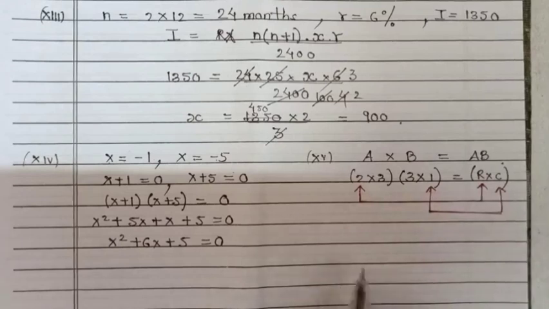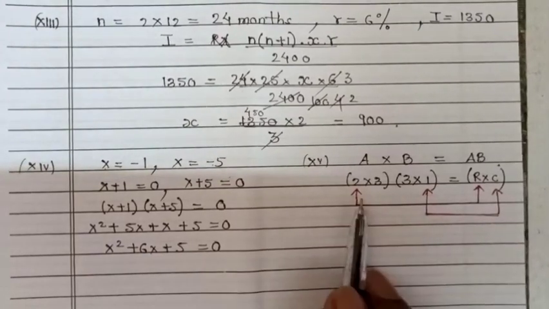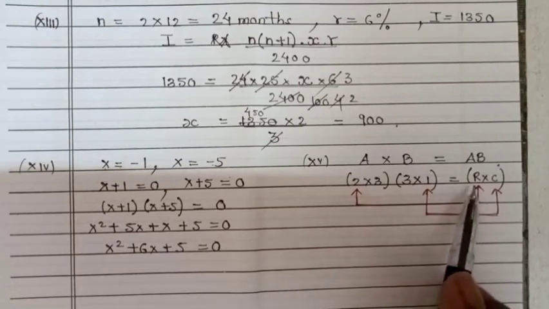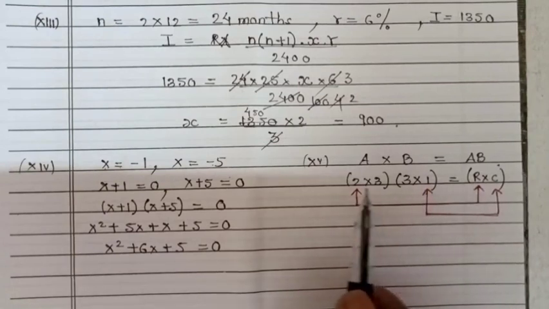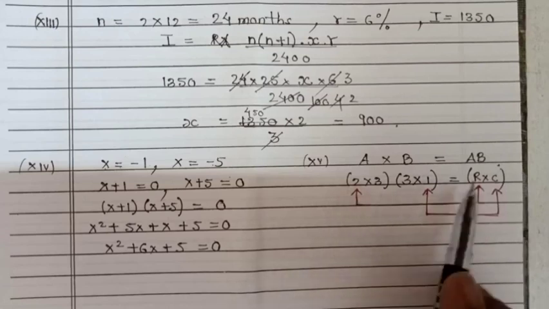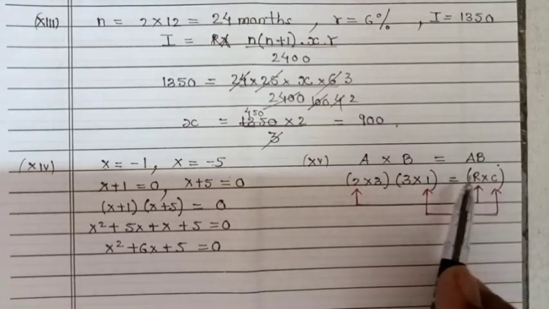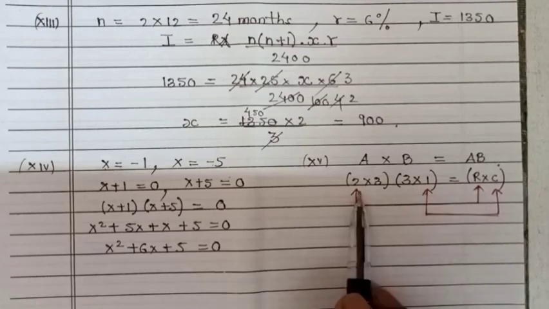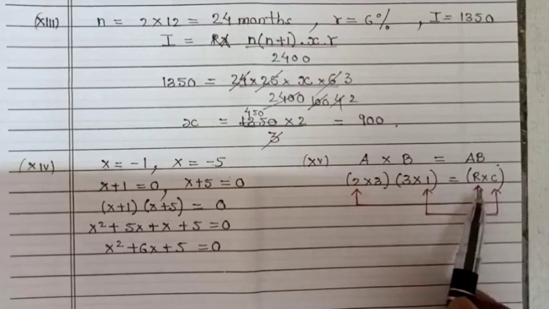This is clear to you? So here we are getting R is equal to 2 and C is equal to 1.